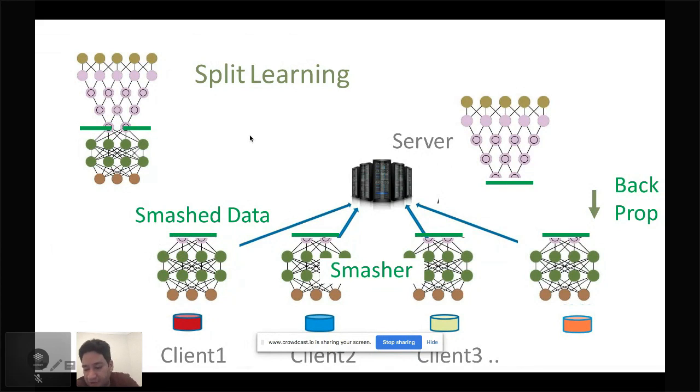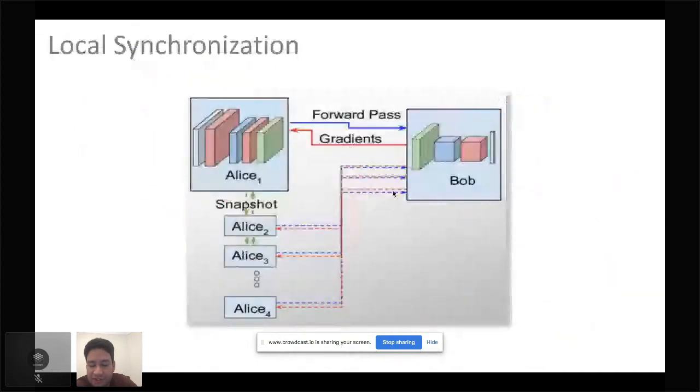Then there's a little more inner detail of what happens, because here, as you see, if everyone's just performing independently, how can you make sure that one particular client is making updates on the server that are also palatable for the other clients? Maybe it's making a very greedy update that's good for that particular client, but it's not very useful for the rest of the clients, which means it's messing up the model for others. So there's some amount of synchronization, but you'll see those details in this slide.